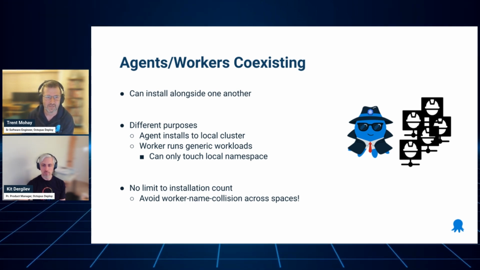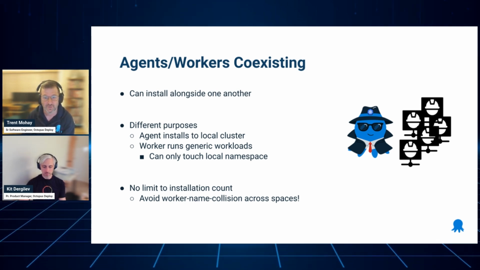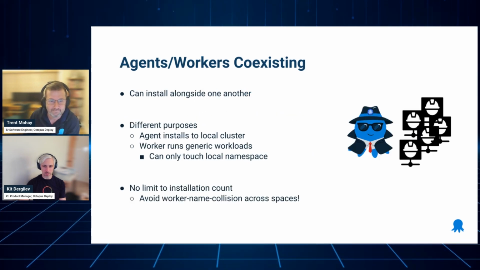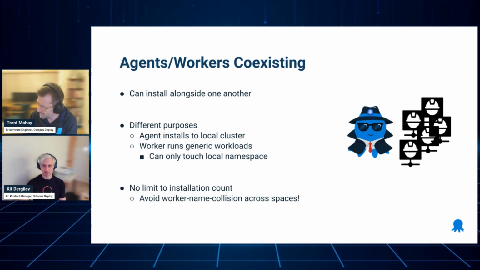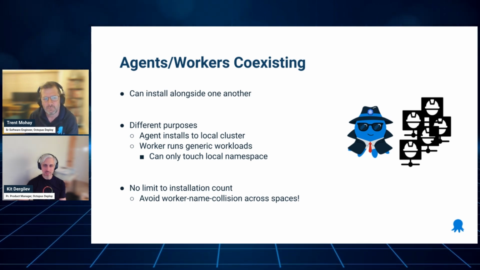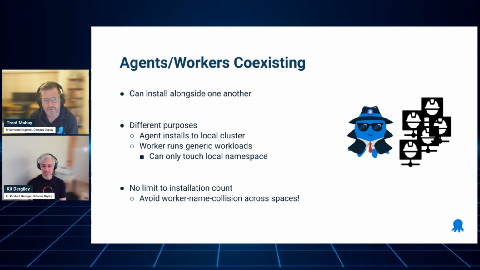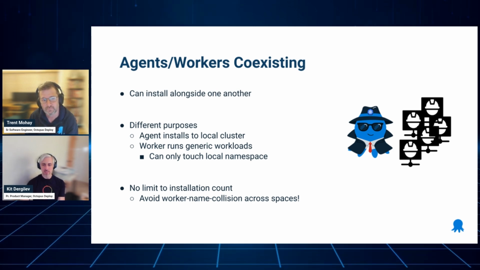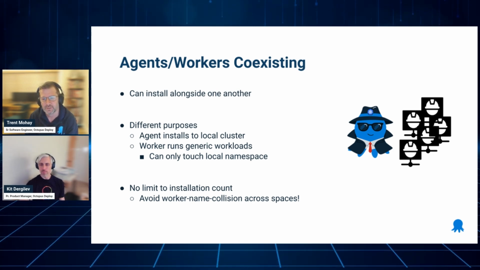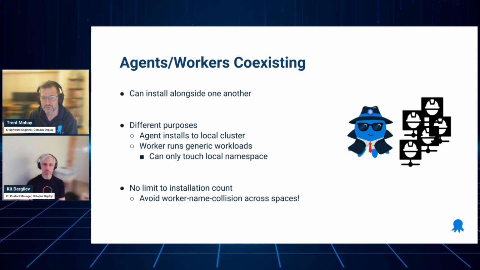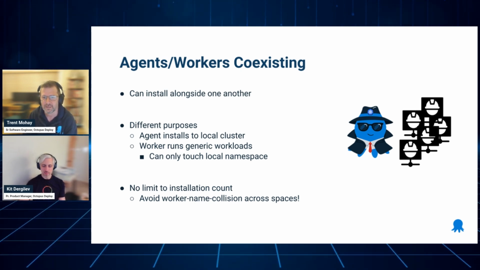Otherwise, you can install and destroy as many of these as you like. It's not like you have a good reason to install multiple workers on a cluster, but you can do that. If you had multiple teams working in different spaces in Octopus, you may want each team to have their own worker. So it's when you start dealing with multi-space environments, maybe. But certainly in one space, I'd probably be leaning towards one.